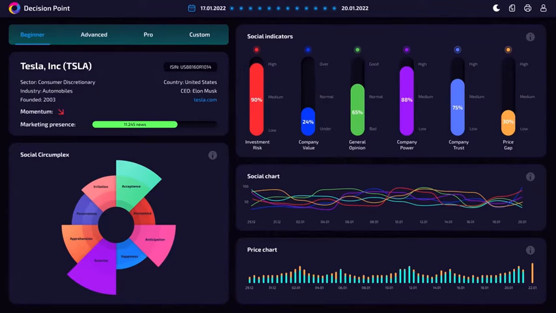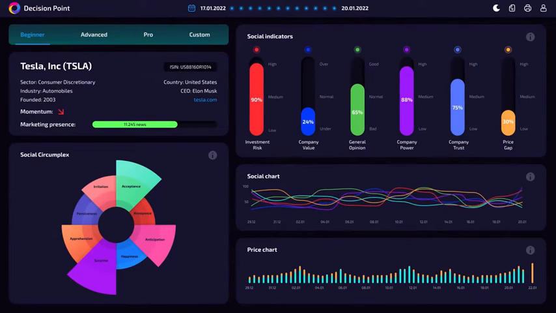So this, as I've said, is the beginner dashboard of Decision Point. I'd like to go through an example because, again, I've shown you the interface. Let's go through how personally I would interpret the whole situation here. Let's take the momentum indicator, okay? Let's say I'm an options trader. Based on the momentum indicator, I may be thinking that I can be looking to buy some put options on the stock exchange.